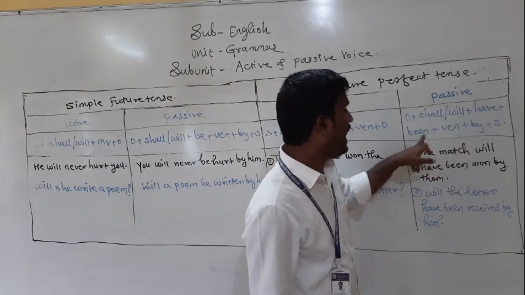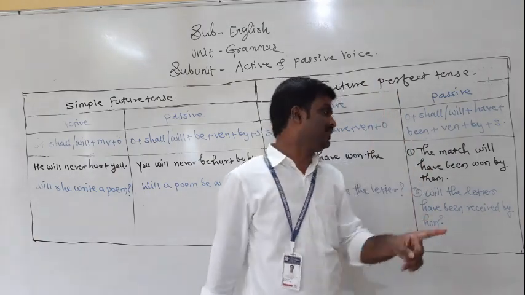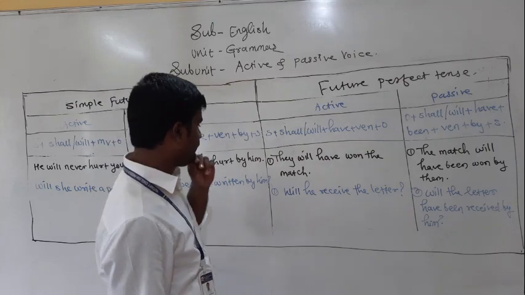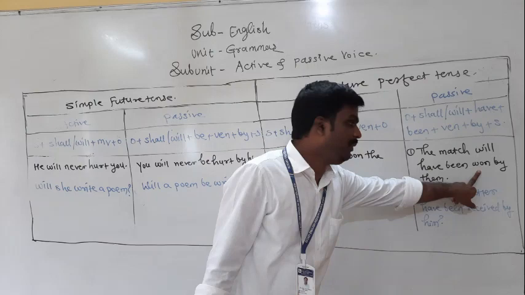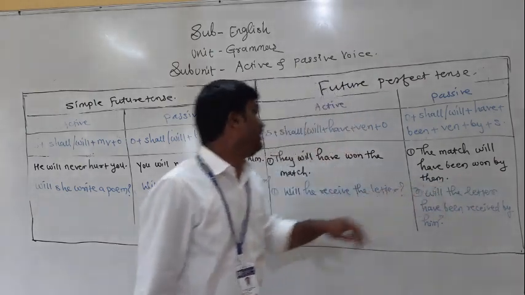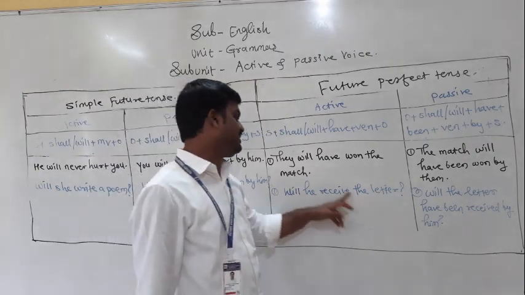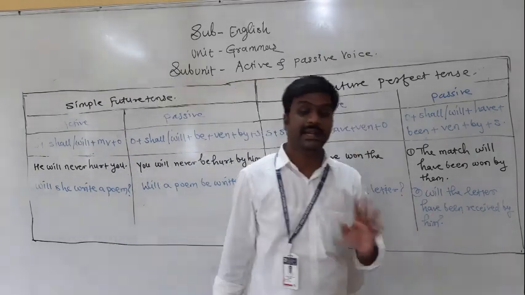After that have, after that been, whether it may be present perfect, past perfect, or future perfect. Then the third form of the verb, and then by plus, here they convert into them. Next, will he receive the letter? Will the letter have been received by him?